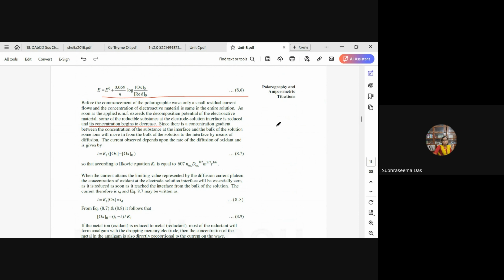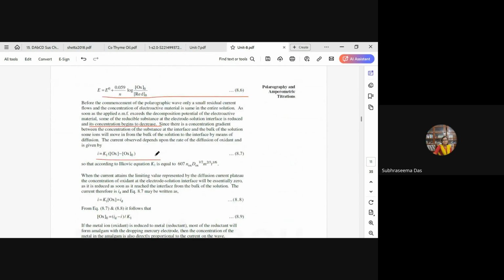Since there is a concentration gradient, the ions from the bulk of the solution will move to the interface by means of diffusion. This movement is caused by a current which is given as I equal to K1 times the concentration of the oxidant occurring at time t.